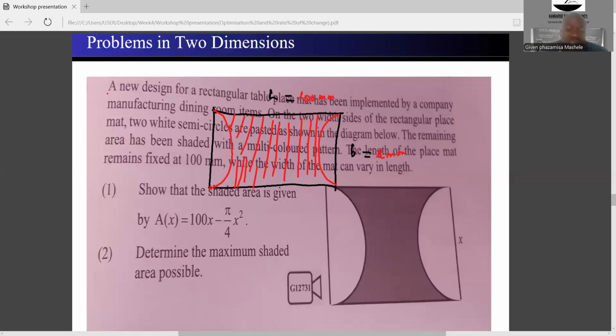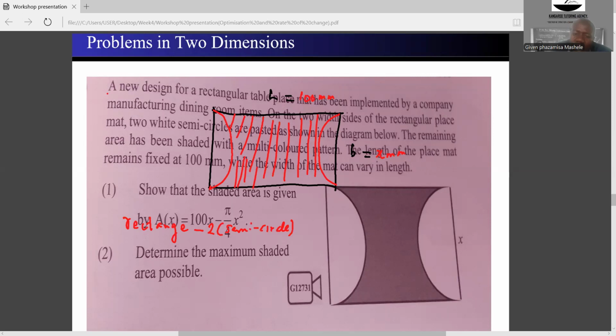It means that we had a rectangle, and from the rectangle we removed the semicircles. Two semicircles.